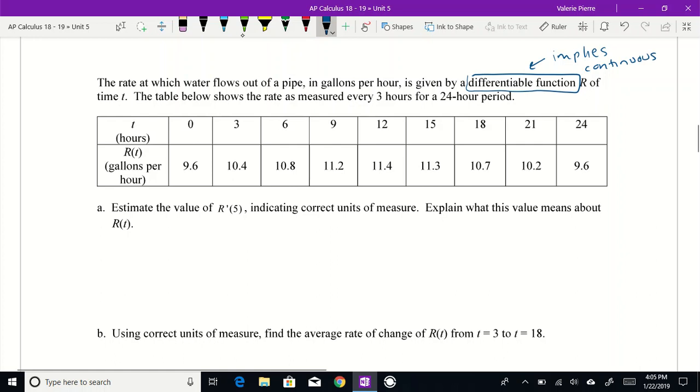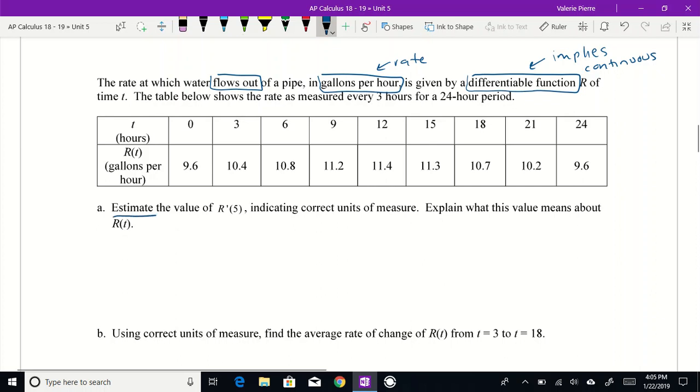We know that our units are in gallons per hour, which is already a rate, and water is flowing out. We want to estimate the value of r prime of 5, indicating correct units of measure, and explain what this value means about r of t.